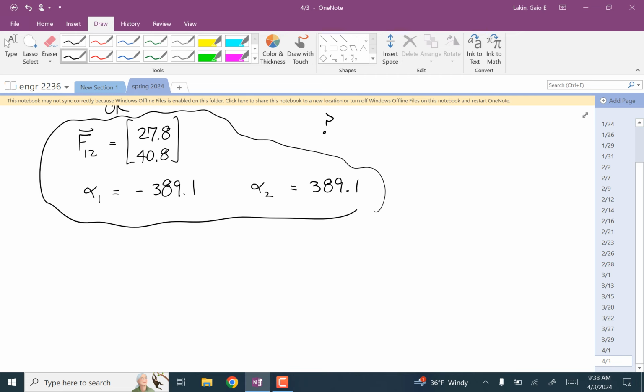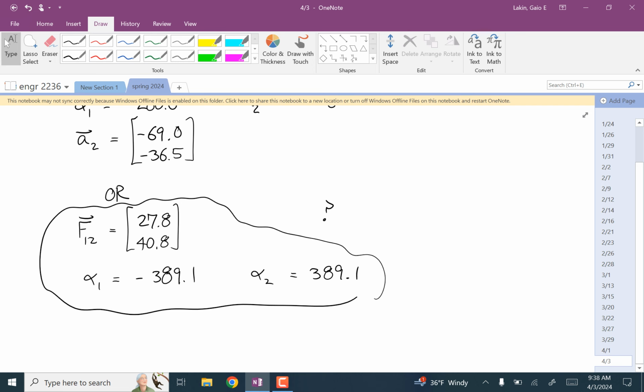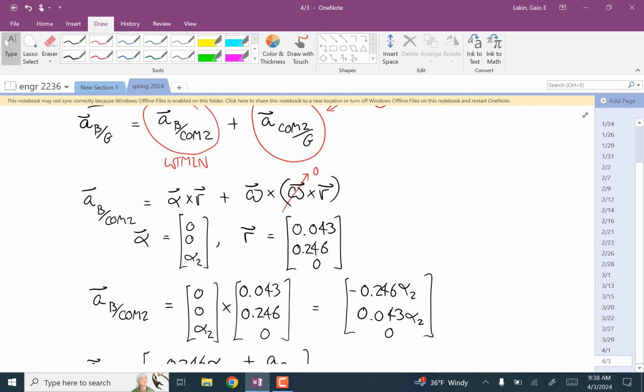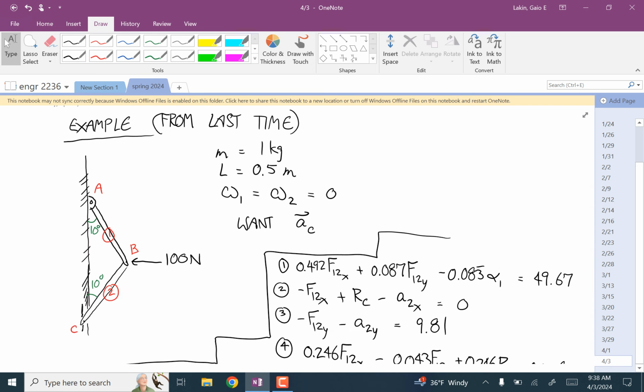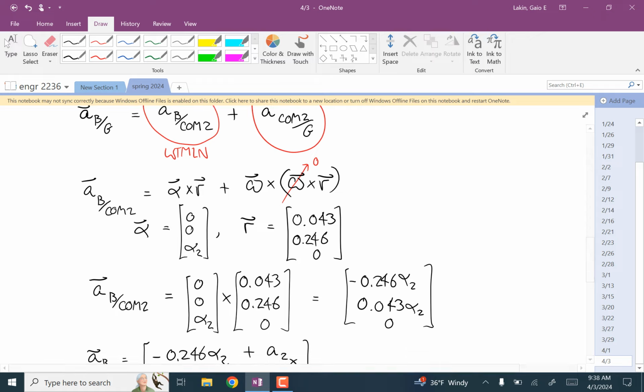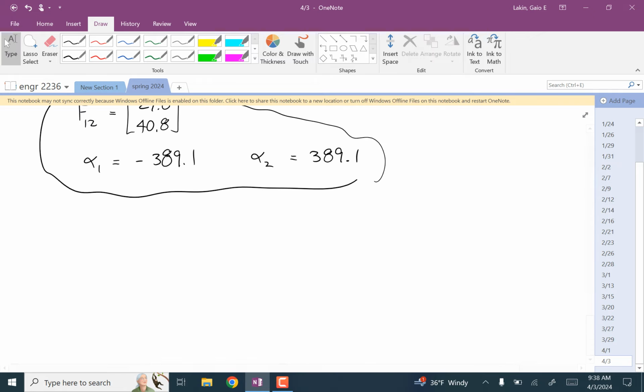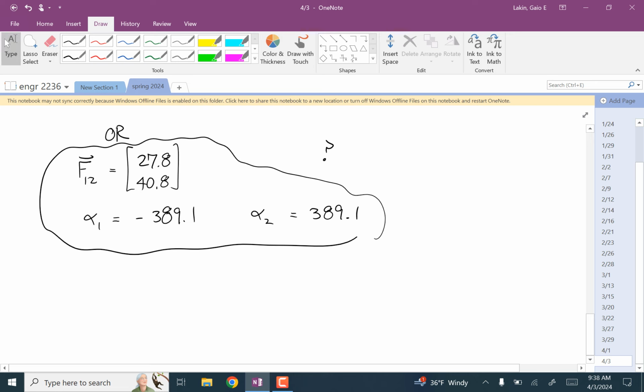Okay, well, I didn't ask you for these 7 variables. I asked for the acceleration of that point C. Okay, so how are we going to come up with the acceleration of that point C? That point C is on the body 2, okay? And that body 2 doesn't have a fixed point. So we're going to plug that into our acceleration equation.